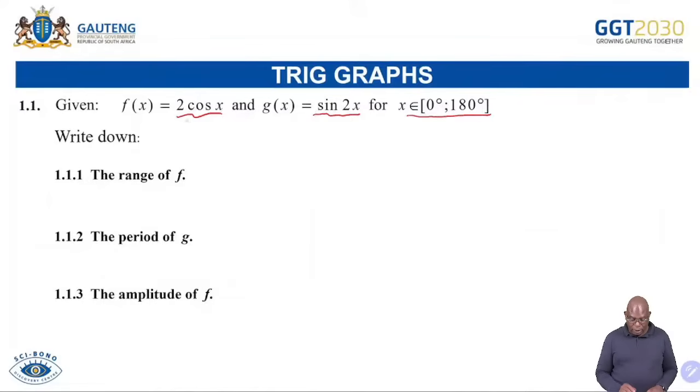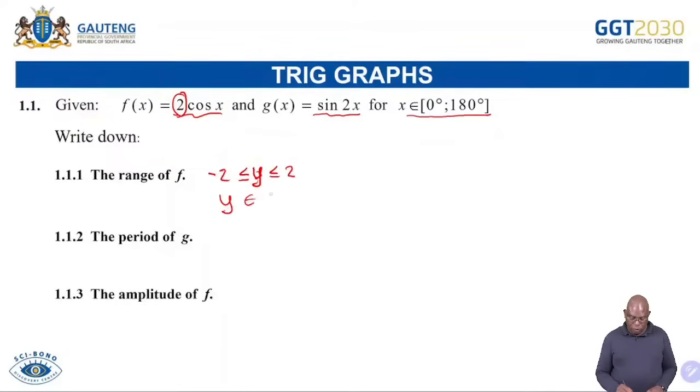So if we look at the f graph here, see there, that graph is going to start at 2 and is going to end somewhere at -2. So which means that our range will be from -2 to 2. Remember, my range is y less or equals to 2. I can write this as y.